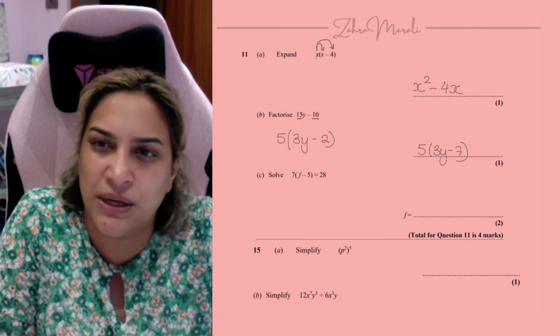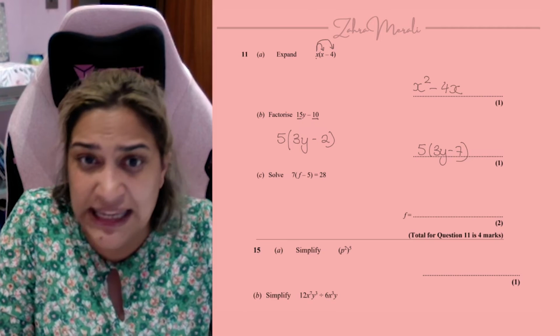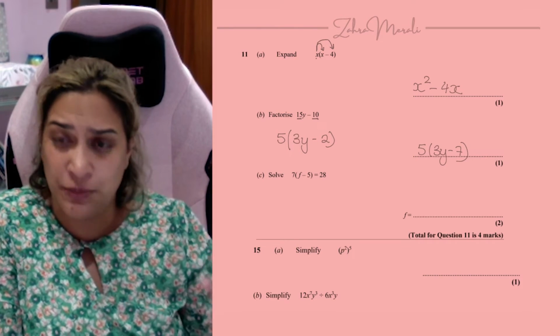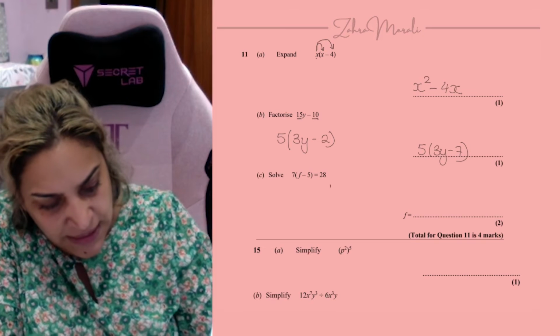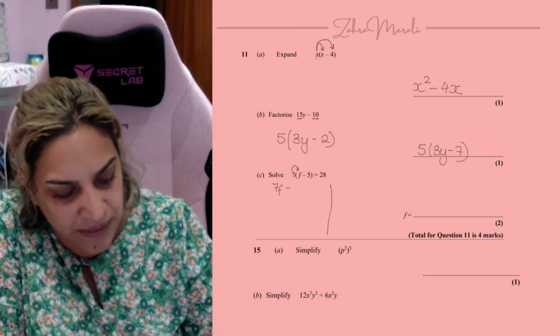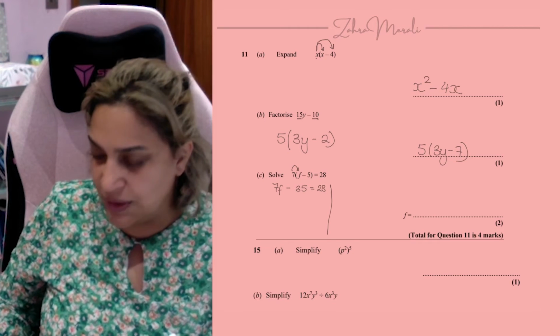And now we've got an equation to solve. And again, in the same way, there's 2 ways. If you wanted to open it out, no problems at all. So if you wanted to open the brackets first, we'll do it both ways here. You'd open the brackets, you'd get 7f minus 35 equals 28. So you could do it that way around.